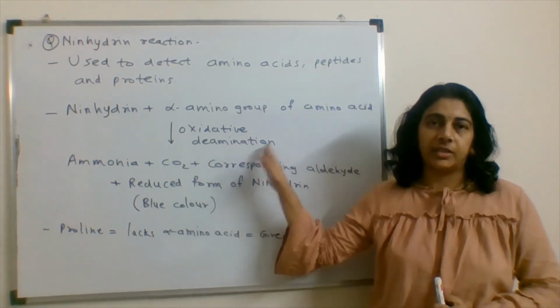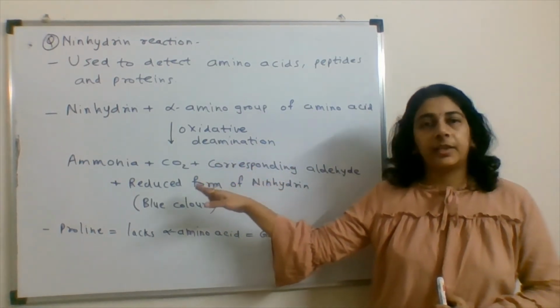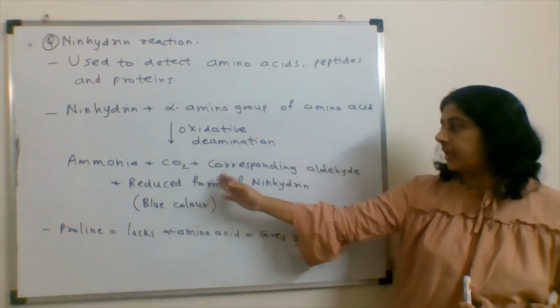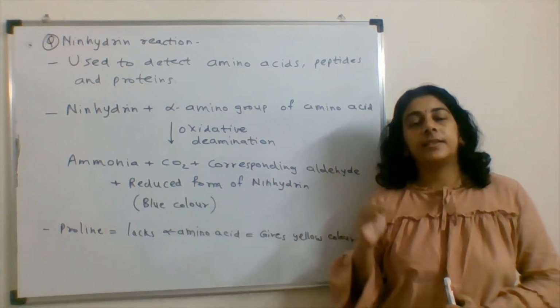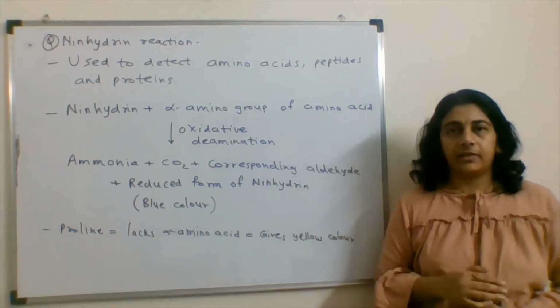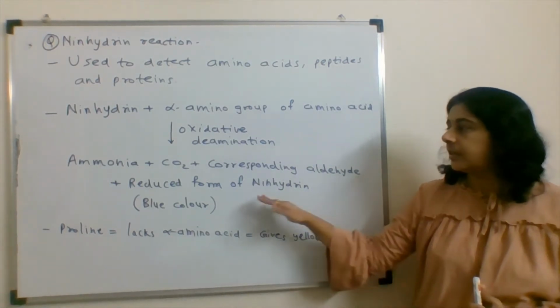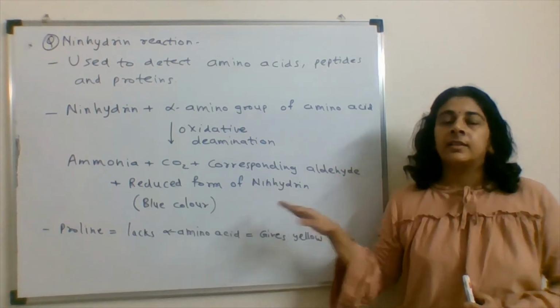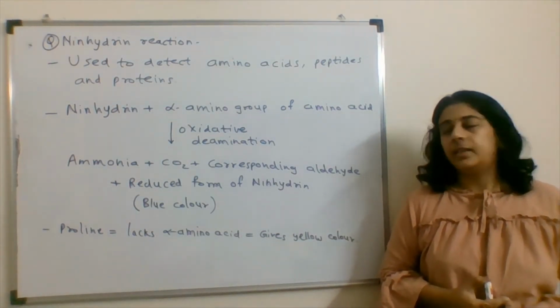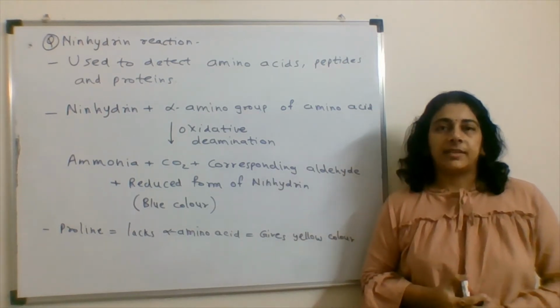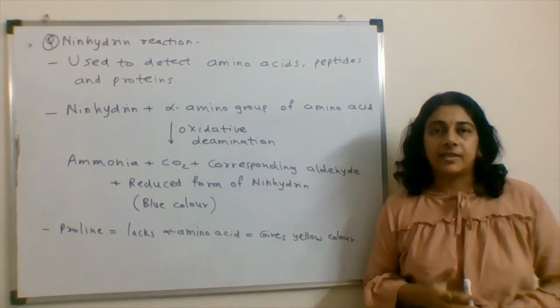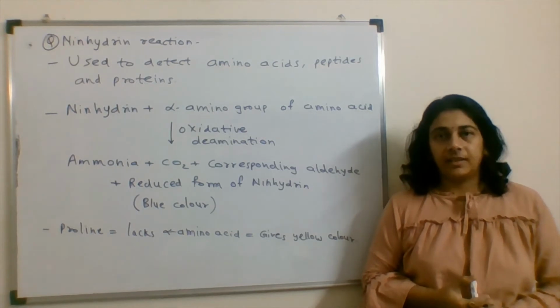Oxidative deamination takes place and it liberates ammonia, carbon dioxide, the corresponding aldehyde, and it reduces the Ninhydrin reagent, so that we get the reduced form of Ninhydrin. This is having a blue color. So this detects whether the amino acid is having an alpha amino group in it.